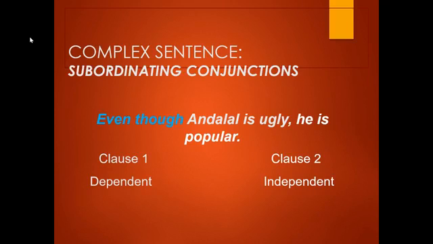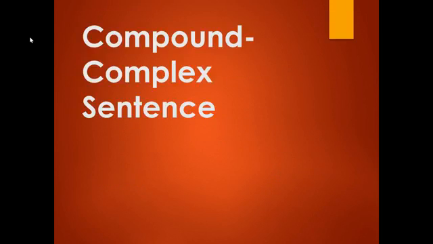So the first clause is dependent, the second clause is independent. If you say even though Andalal is ugly, it doesn't make sense, man. He is popular makes sense. So a subordinating conjunction combines two parts of the sentence and it becomes beautiful. That's how the whole idea works.